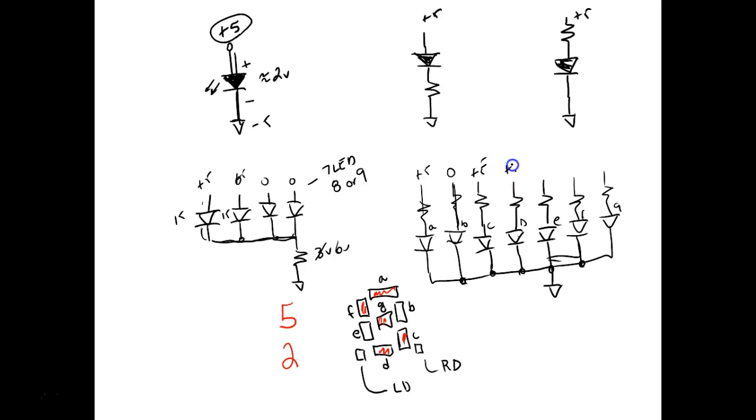I'd turn on the D segment, so I'd have to put plus 5 volts right there. I'd turn off the E segment, right? I'd turn on the F segment, and I would turn on the G segment. And that would cause the right LEDs to come on. Each one of these resistors would drop a certain amount of voltage, whatever is required by the LED at a certain amount of current, and then everything would be hunky-dory.